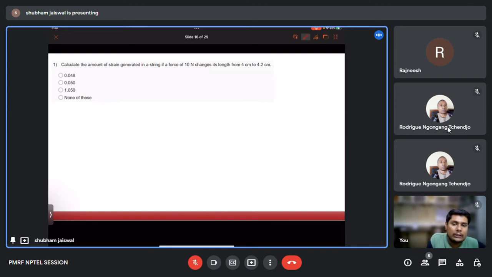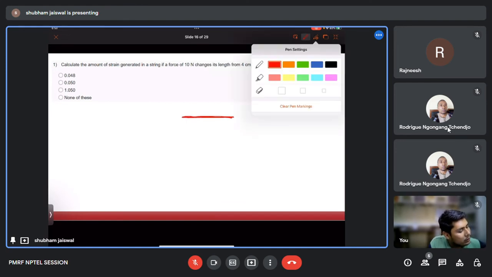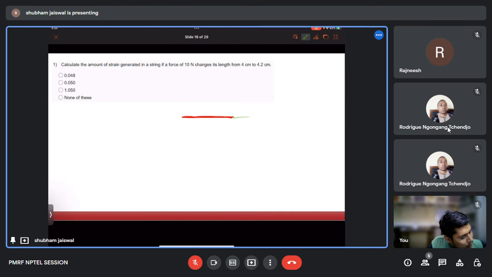Let's see. They have one string, and they have applied a force of 10 Newton. The initial length of the string is 4 centimeters.